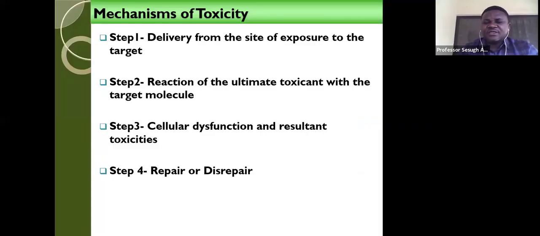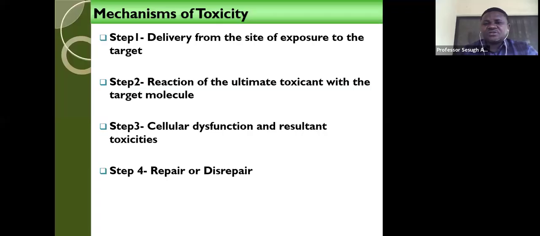The first step is delivery. So the product or the chemical must be delivered onto a particular site, onto the target, before it can act.